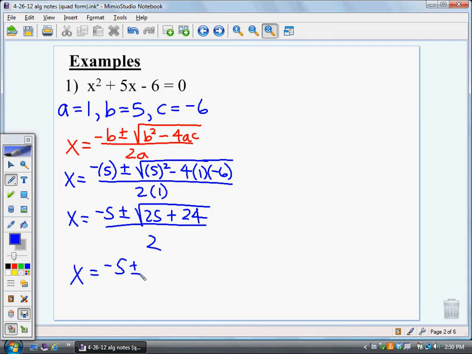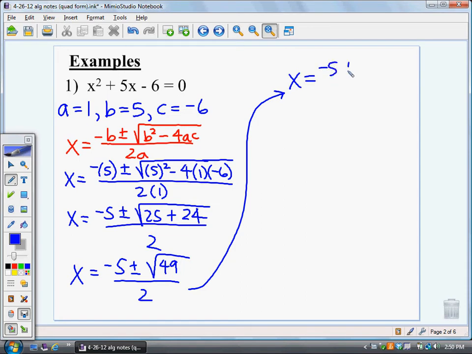Plus or minus. We have to add 25 and 24 gives you 49. And that's still all over 2. Square root of 49 we know. So we have -5 plus or minus 7 all over 2.